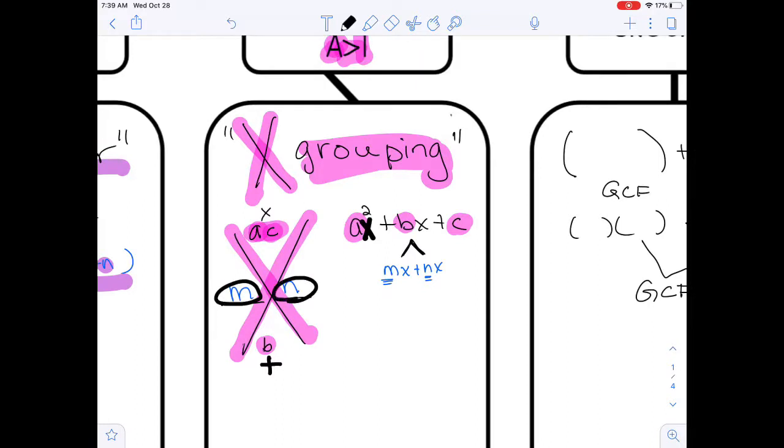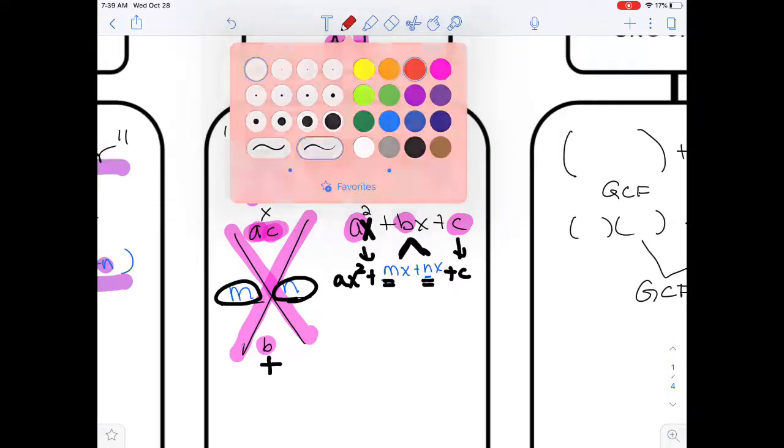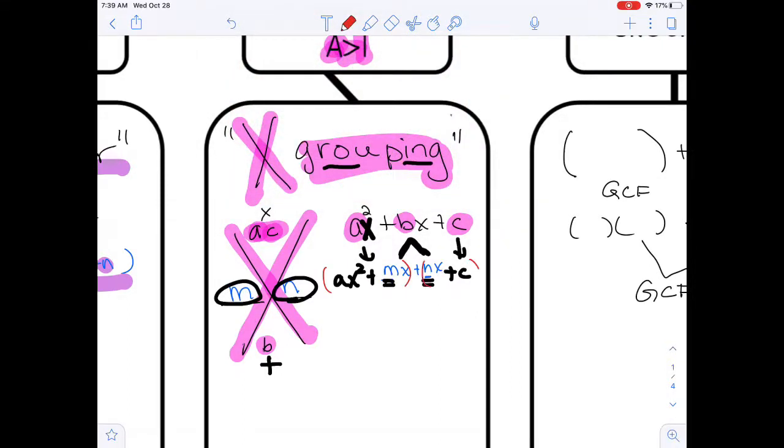But then that grouping meant we had to split the middle term. Instead of bx, we're changing it to mx and nx. You brought down the ax squared and the c, and then you would group the first 2 plus the second 2, and then you pulled out a GCF for each, okay, where you ended up with this factoring thing, where we would have a matching GCF, and then we pulled it out again.